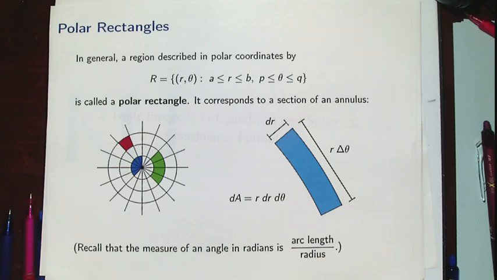If it's very small, it's almost rectangular. One side of it is r d theta. The other side is dr. And that's why we have that r in there for the Jacobian. I do like my transformation explanation better, to be honest. Transformation explains all of that, and then you can always draw a picture in the pre-image.